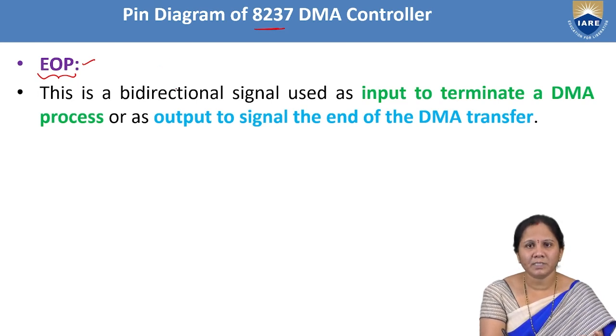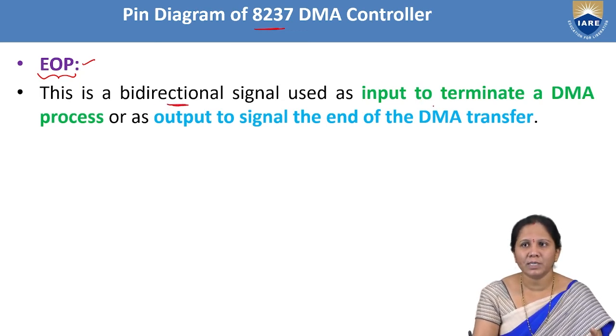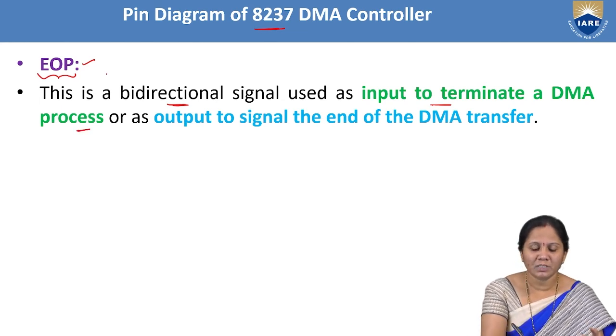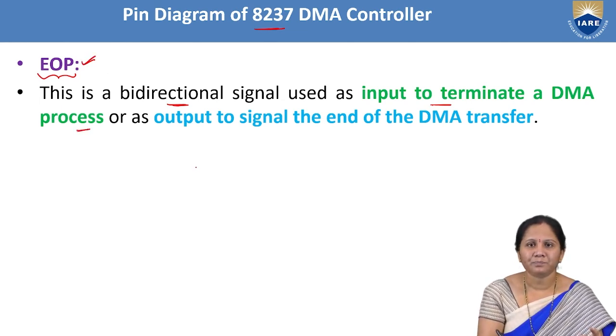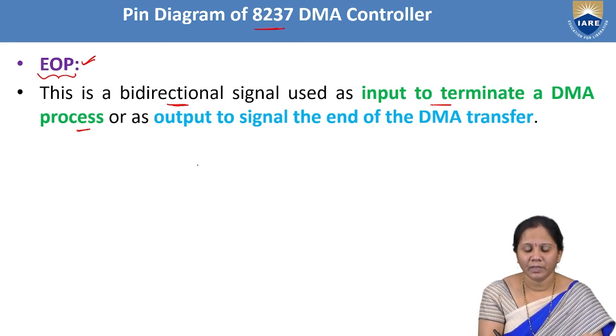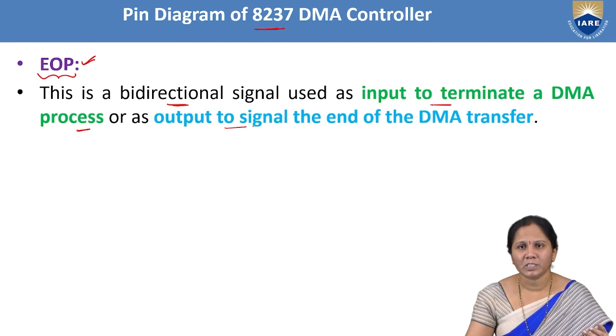EOP represents end of process. This EOP signal is a bidirectional signal which is used as an input to terminate the DMA process. That means when the signal is enabled, it is going to terminate the DMA operation. It can also serve another function, as an output to signal the end of the DMA transfer.